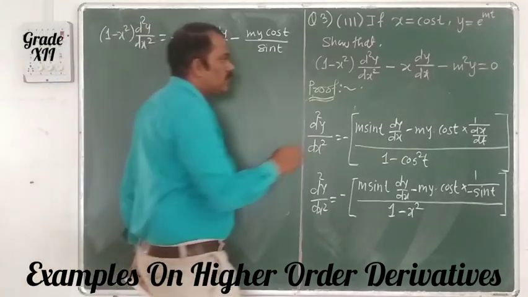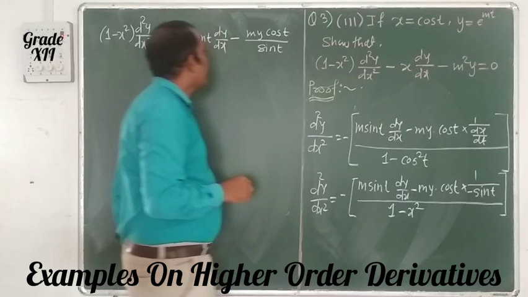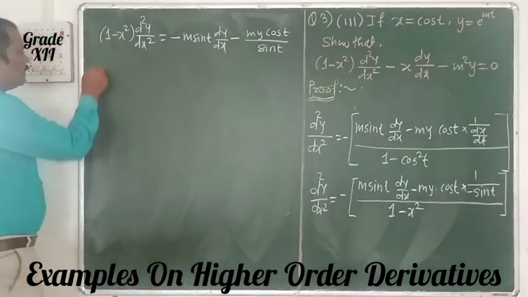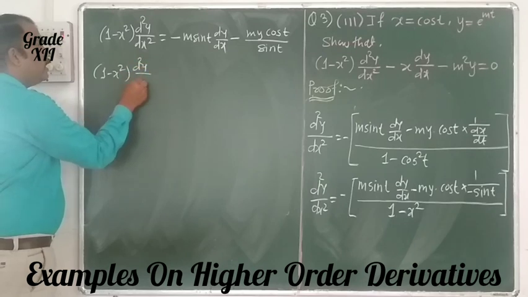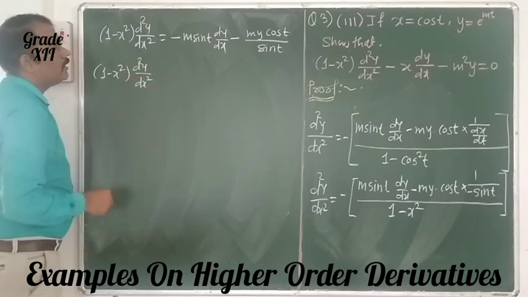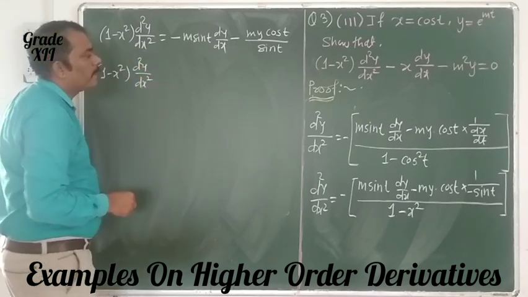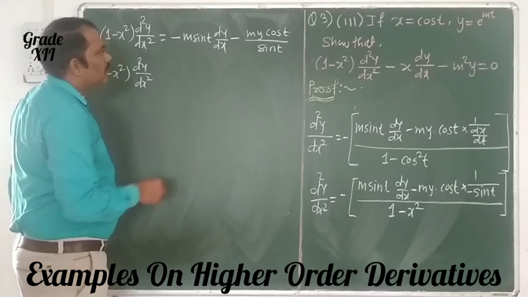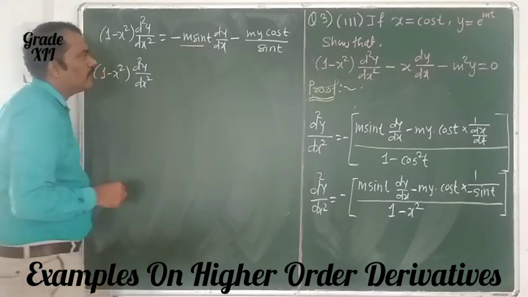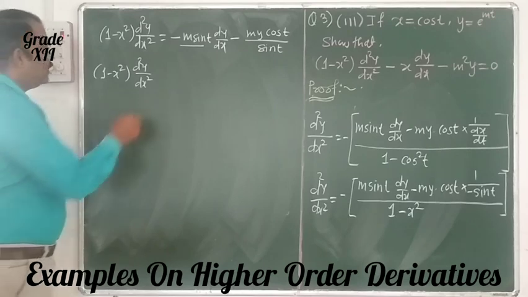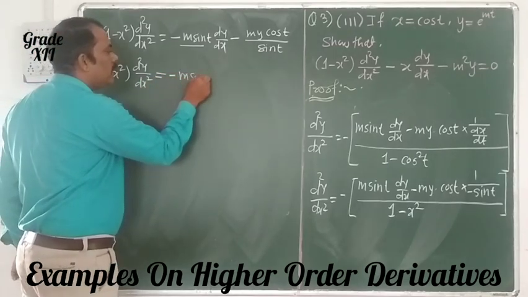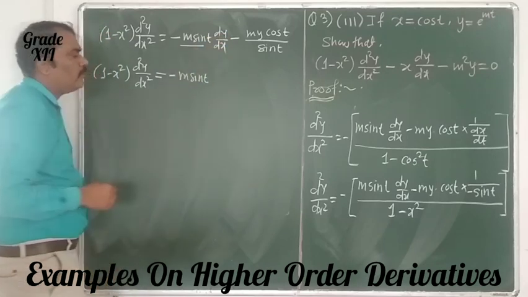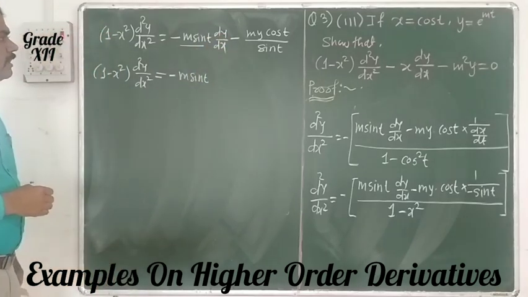Now we have to think about this. See here, 1 minus x square into d2y by dx square is equal to minus m into sin t into the value of dy by dx.